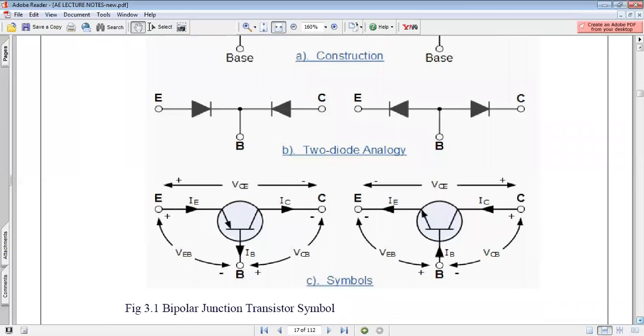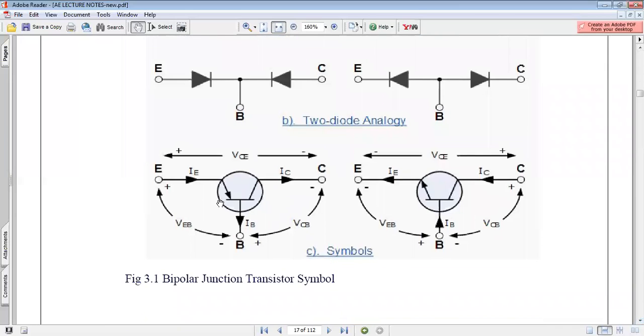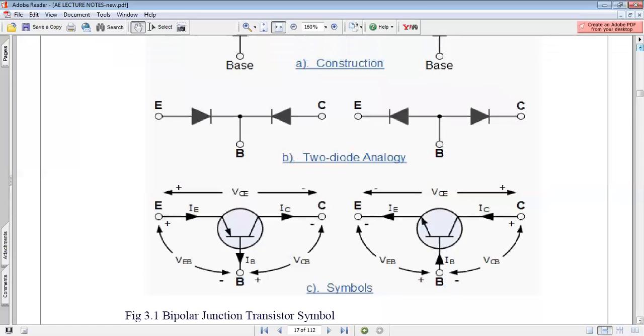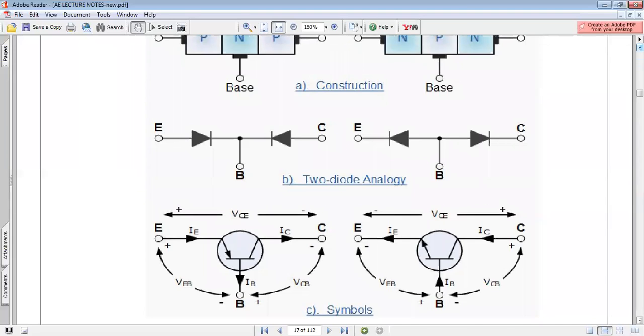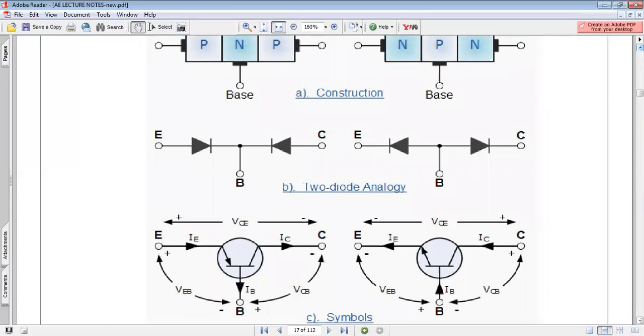Then comes the actual symbolic representation of PNP and NPN transistor. To understand this, we have to consider the fact that we ideally assume that the current always flows from positive to negative, from holes to electrons, in the direction of holes, or opposite to the direction of electrons. So if we consider the symbol of PNP transistor, what we see is P to N, the emitter current will flow from P to N, that means from emitter to base.